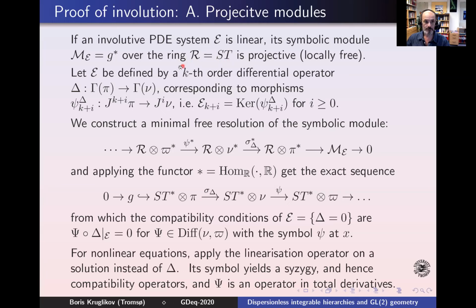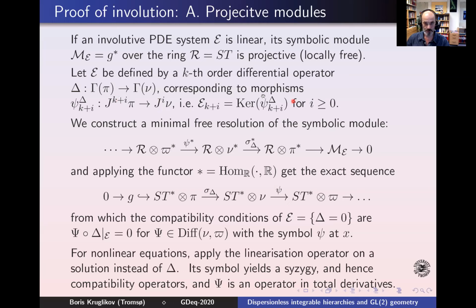Then the equation, that's part of general theory, is given by some differential operator. As is standard in the geometry of differential equations, if it's a k-th order equation E, then this corresponds to bundle morphisms from one jet space to another jet space, where the order is dropped by k in jets.